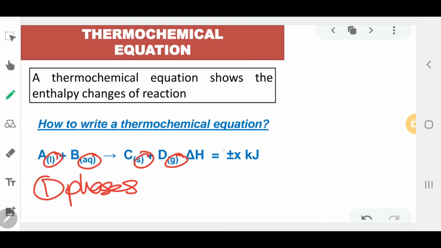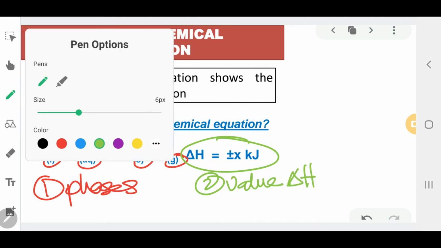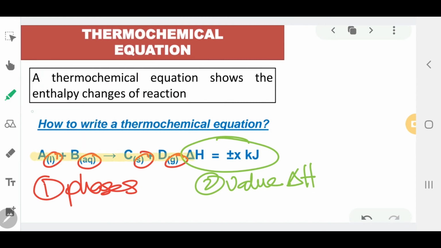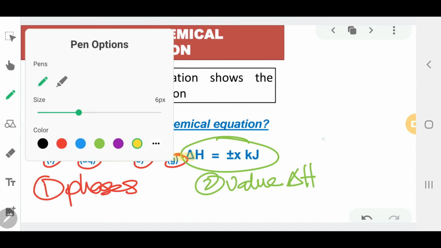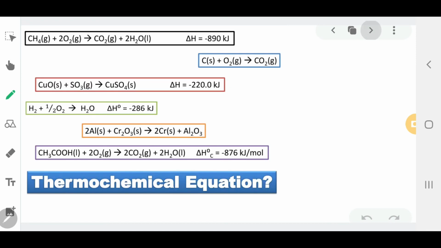And then second, you need to have the value of delta H. And of course, the chemical equation over here, always remember that it is balanced. So that's how you're going to write the thermochemical equation. It's very important to have a thermochemical equation, because if you do not have this, it will be a problem when we reach problem-solving questions afterwards.